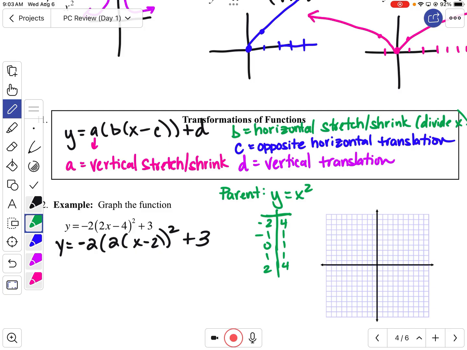Okay. Where are we going to move this parabola on the coordinate plane? What are your translations? All right, we're definitely going to go up 3.